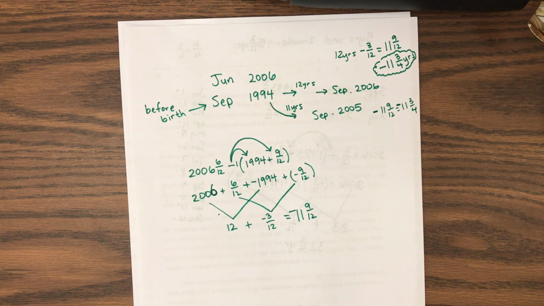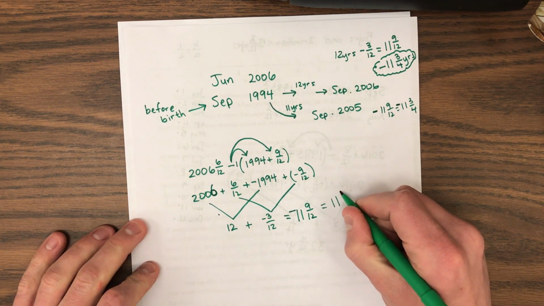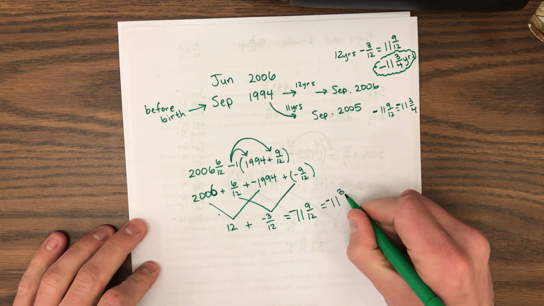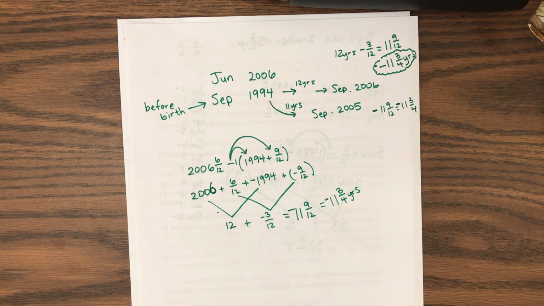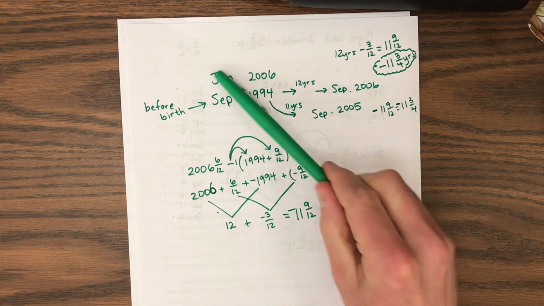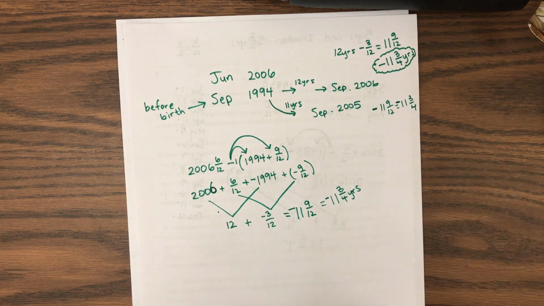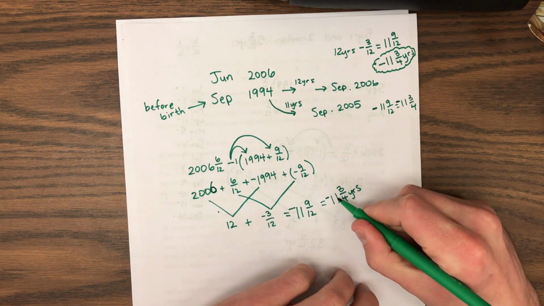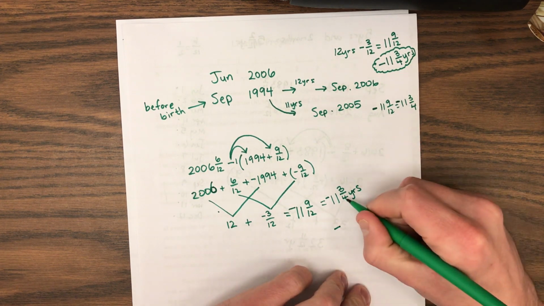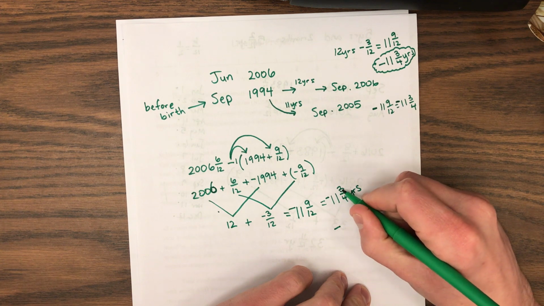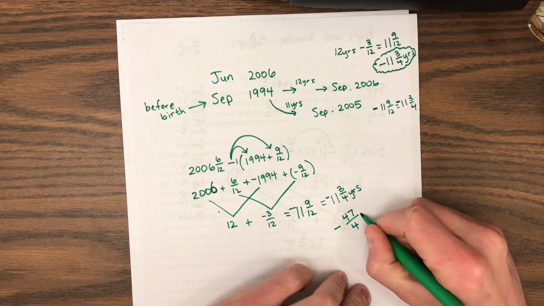Okay, and then let me simplify. So this thing would have happened negative 11 and 3/4 years relative to your birth, like considering that your birth month and year of June 2006 is 0 on your number line. Okay, and then remember for each event, you want to represent it with a mixed number, a fraction, so I'm going to do 4 times 11 is 44, plus 3 is 47, so this is 47/4 years.